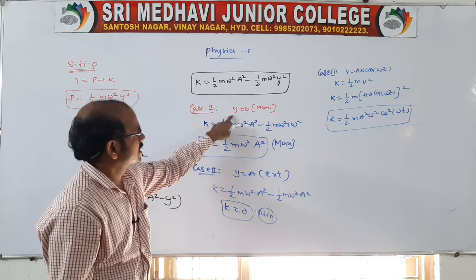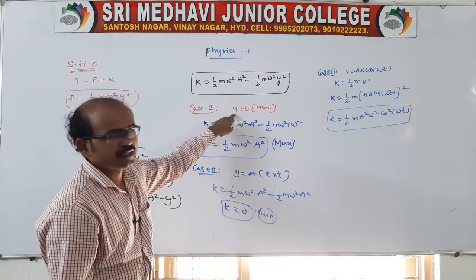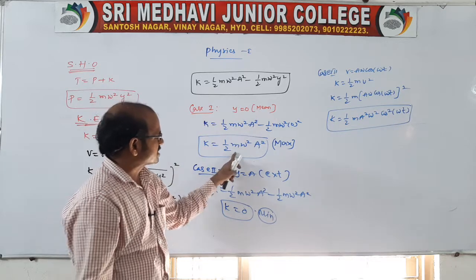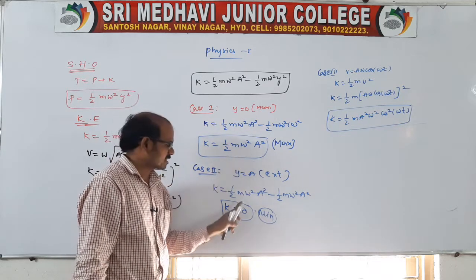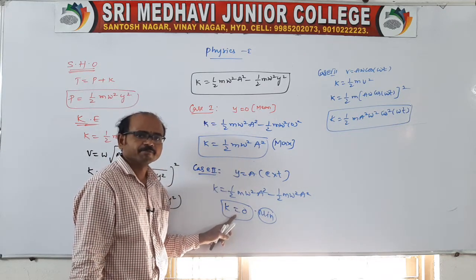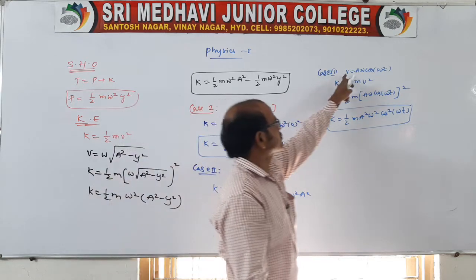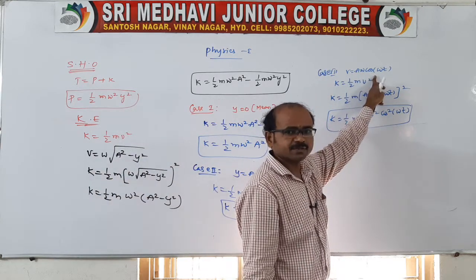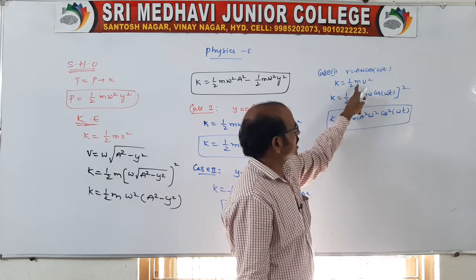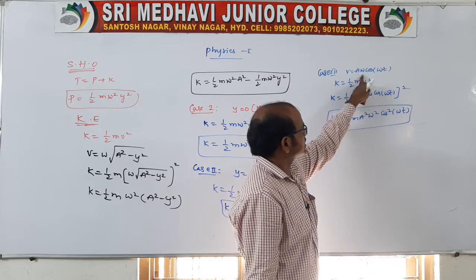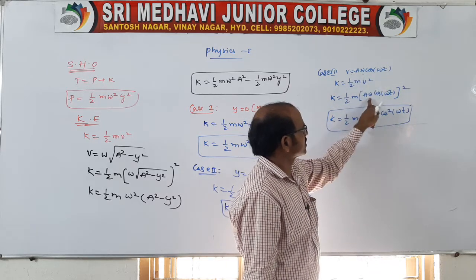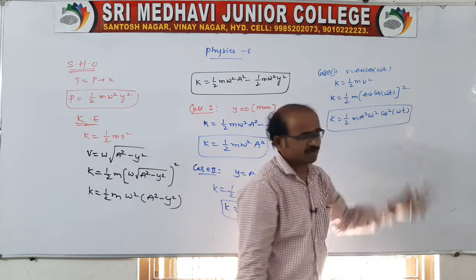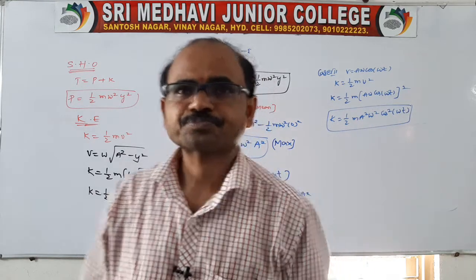So at displacement 0, that is at the mean position, the kinetic energy will be maximum. At an extreme condition, the kinetic energy will be minimum. And in the third case, v is equal to a omega cos omega t, therefore the kinetic energy formula half m v square, you replace the v with this, therefore half m a square omega square cos square omega t.